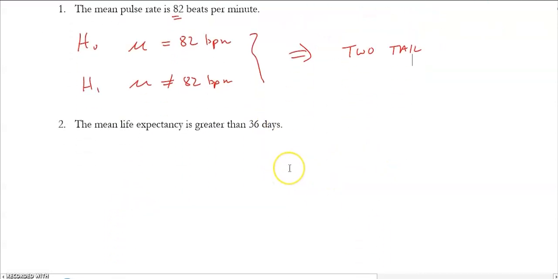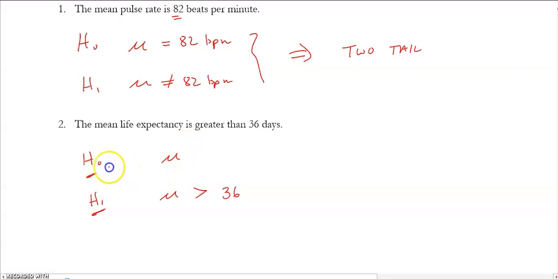In the second case, the mean life expectancy is greater than 36 days. In this case, we can say the mean is greater than, so if it's greater than, we always show the value with the alternative hypothesis is greater than 36 days.